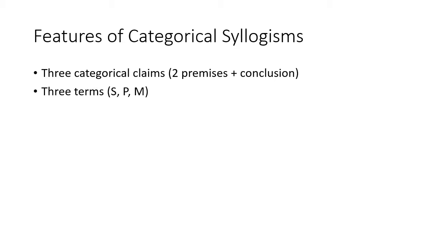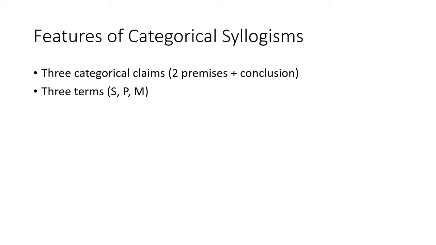And then furthermore, I don't know if you noticed from the examples before, but you can go back and look, all of the arguments have exactly three terms, which is to say that they're always about three things. So for example, the cats, mammals and reptiles argument: all cats are mammals, and all mammals are reptiles, therefore all cats are reptiles.